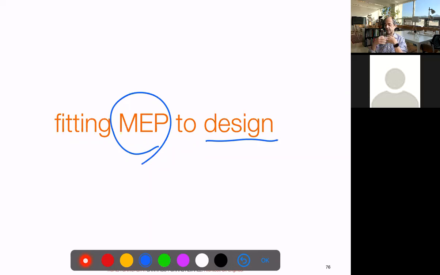But then we have the circulatory system, which is very much like the MEP, right, in terms of plumbing. And it's different than the skeleton, but still we can see the logic of it, and it fits the human body and so on. So I think the MEP is something which can be fitted into the design, even though we don't see it.